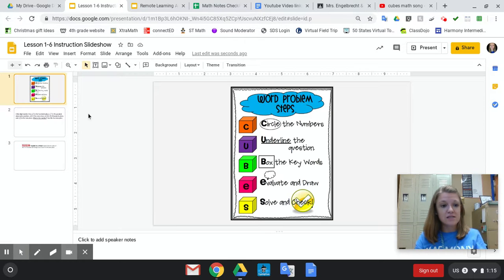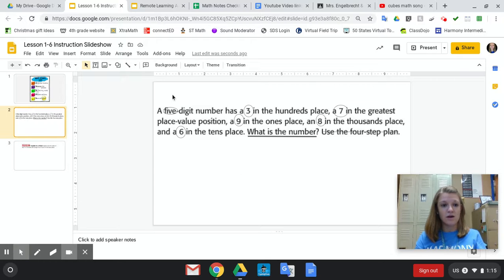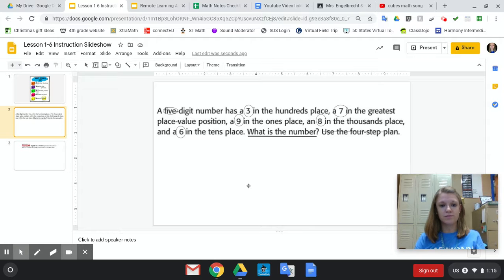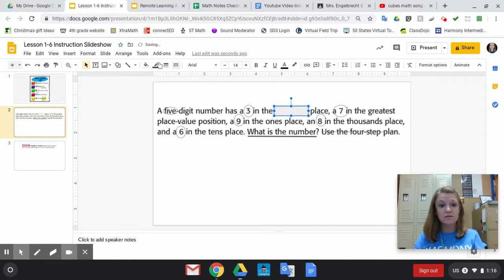B means box the keywords. Okay. What are some words that maybe will help us know what to do? I'm seeing things like different place values. I bet those would help me solve this problem. So I'm going to box hundreds. I'm going to box greatest place value. I'm just going to do greatest since it's in separate lines.